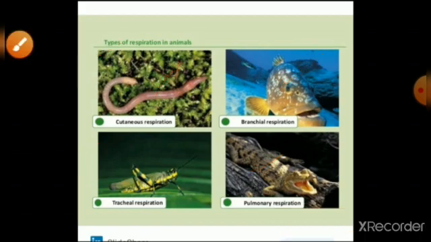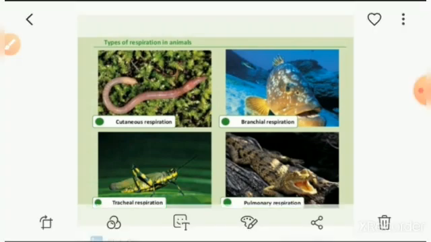So students, depending upon the type of respiratory organ, respiration is of different types: cutaneous, branchial, tracheal and pulmonary respiration. When we study the characters of fishes, Pisces, we will see that fishes have branchial respiration.